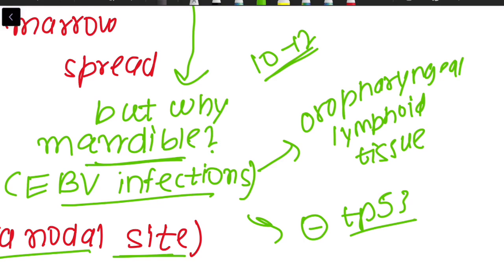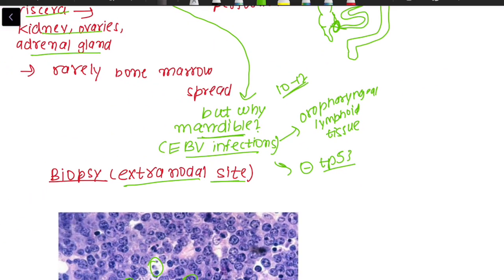So yes, it goes into the mandible, and also the mandible is very active. If I remember, it is also a hematopoietic region. So this also establishes the tropism, that why the mandible is more commonly involved. It is due to the EBV part.